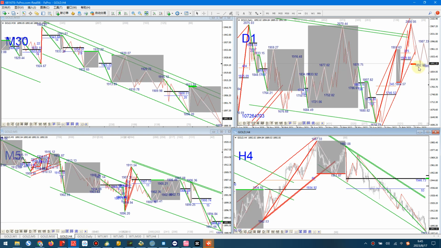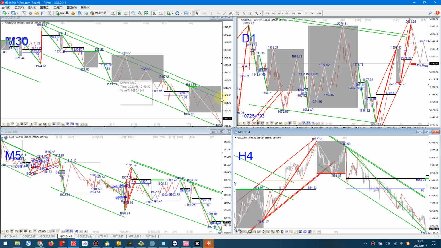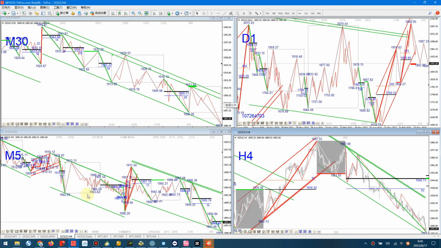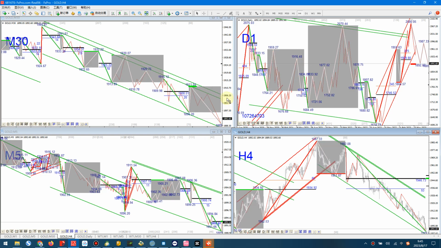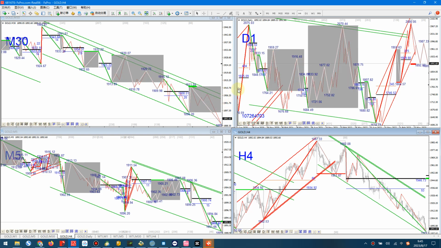Then according to the rules, we also continue the same correlation. We have added it many times. The 30-minute trend is short first. Then if it is broken, it is indeed broken first, and then a new channel is formed. Then we go long according to the new long rules.